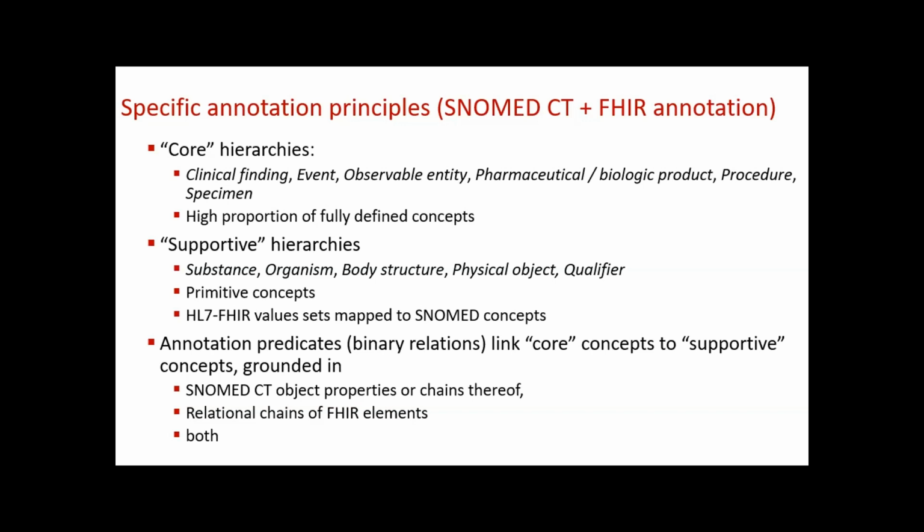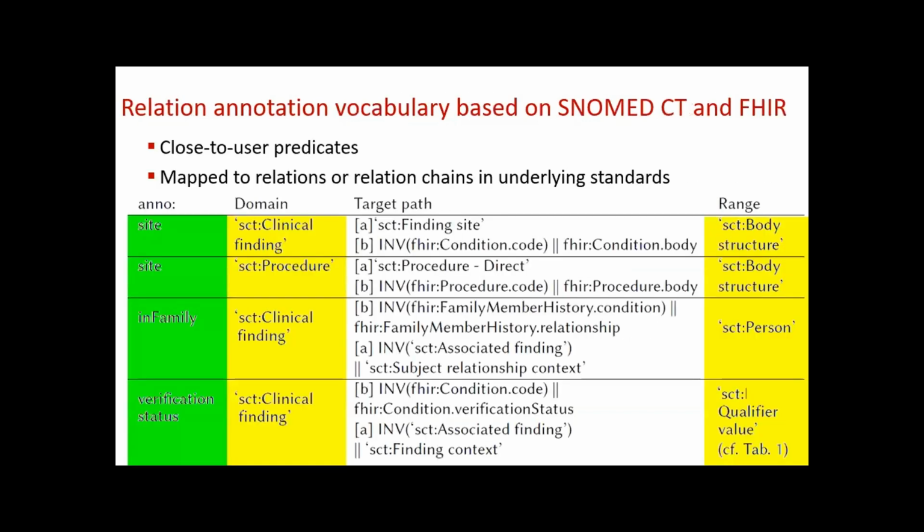Yeah. Well, this is a bit more about this relation annotation vocabulary based on both SNOMED and FHIR, because there is a problem. We have the gray area between SNOMED and FHIR. It was mentioned in one of the previous talks.